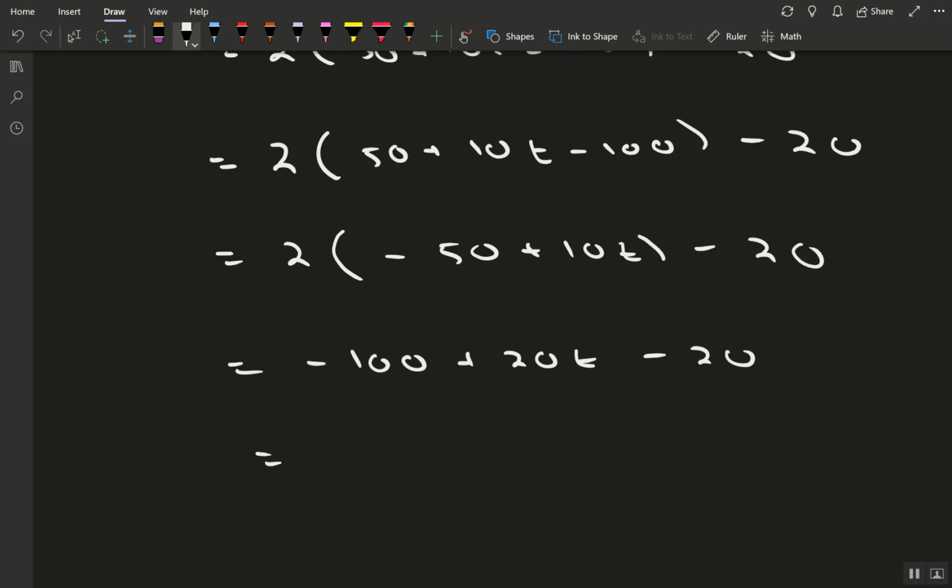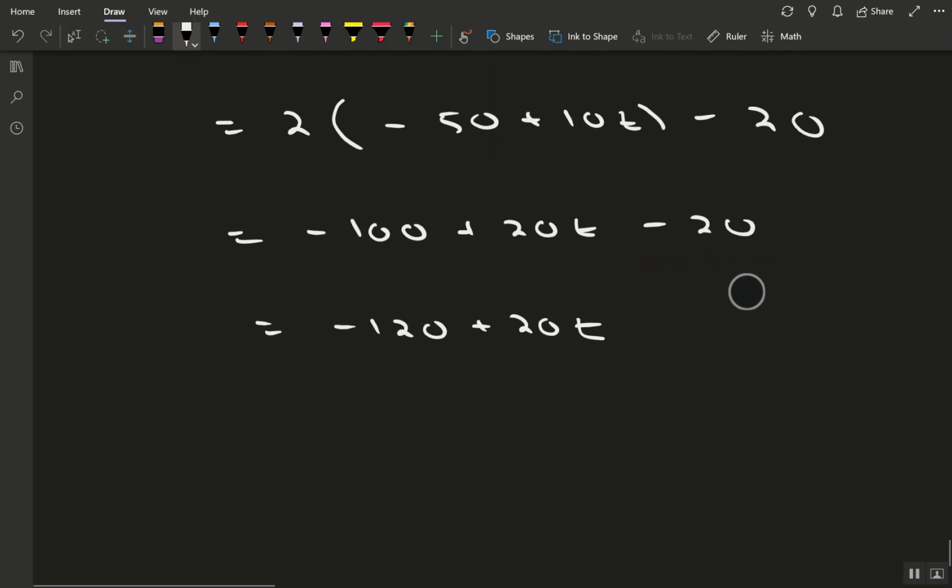So let's see. Negative 120 plus 20T. And I guess I can just fix it up and write it as 20T minus 120.